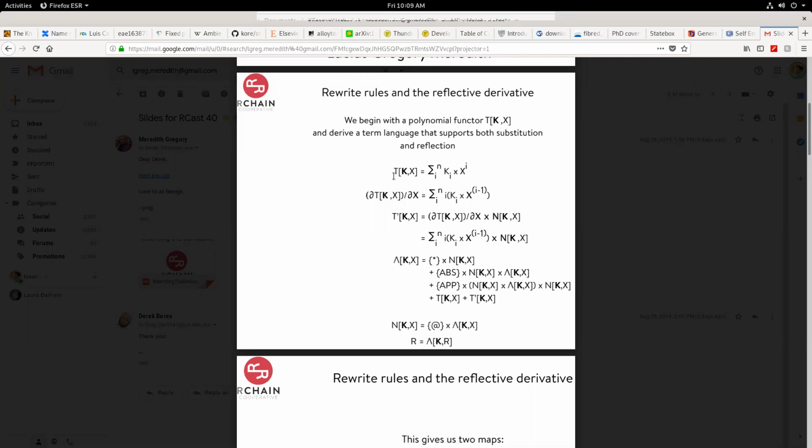So we started with this polynomial for constructing terms in the sense that this thing is some n-ary term constructor, so we can put n different processes or names or whatever we want into these variables x_i.